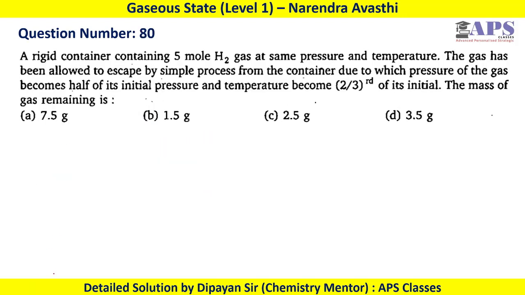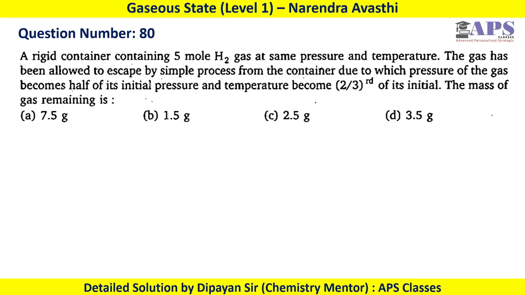In question number 80, a rigid container contains 5 mole hydrogen gas at some temperature and pressure. The gas has been allowed to escape by a simple process from the container, due to which the pressure of the gas becomes half of its initial pressure and temperature becomes 2/3 of its initial.